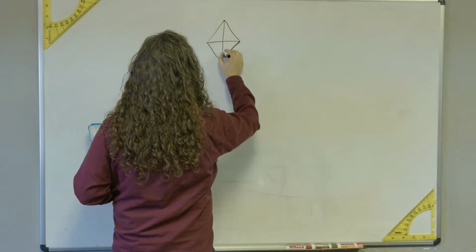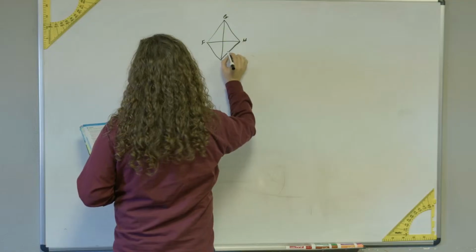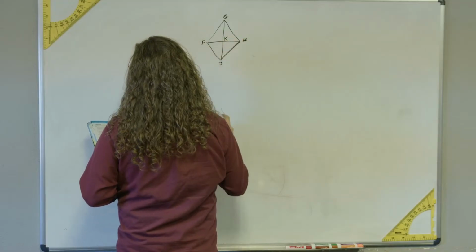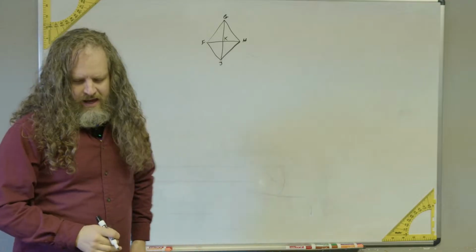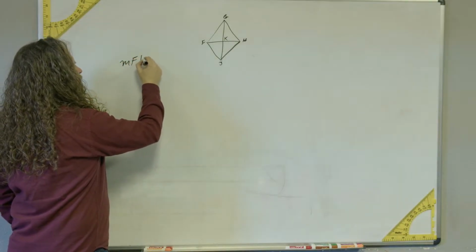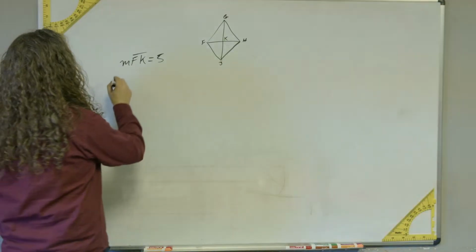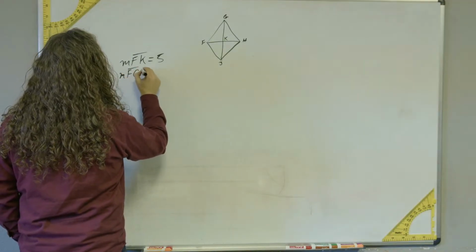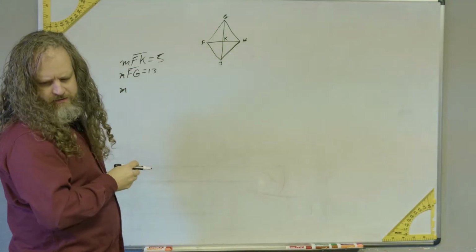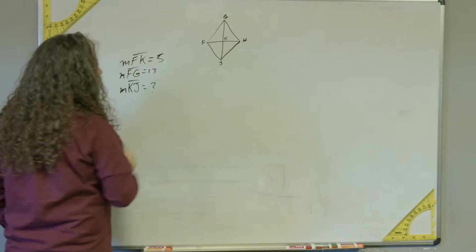It has diagonals drawn, has the vertices F, G, H, and J, and the diagonals intersect at K. For guided practice 1A, it says if the measure of FK equals 5 and the measure of FG equals 13, we want to find the measure of KJ.